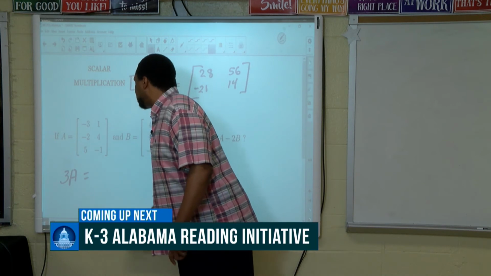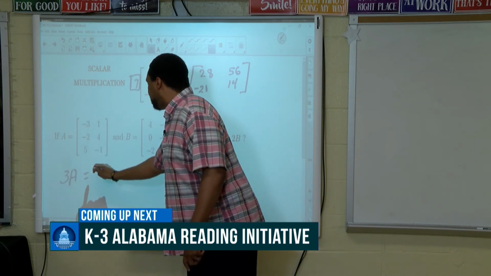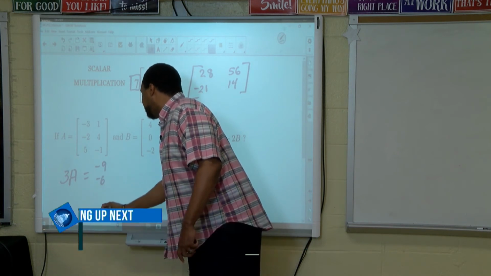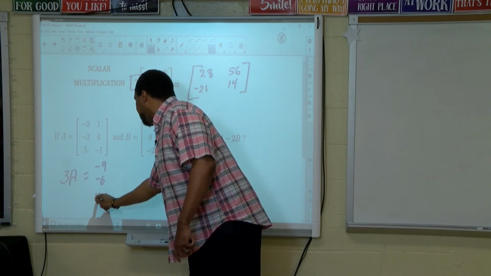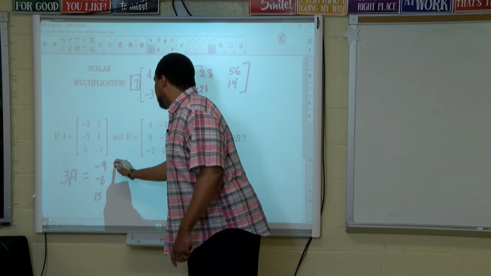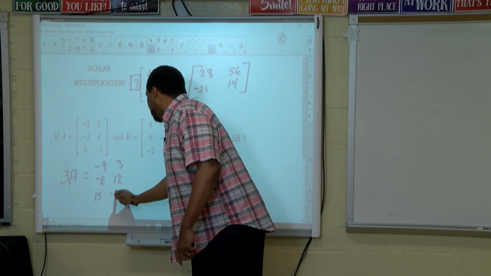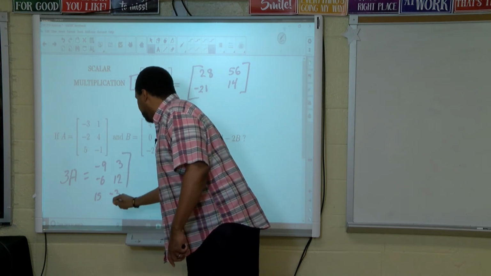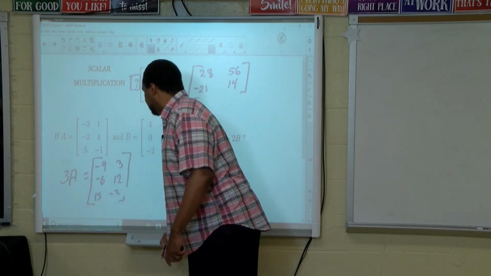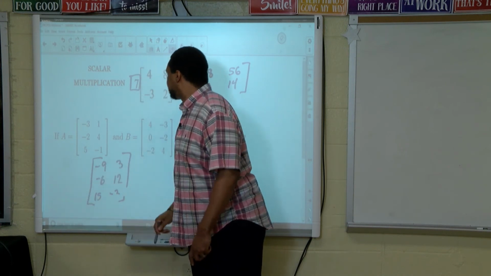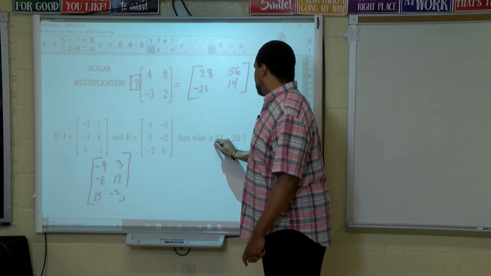So 3A equals, multiplying all of these by 3: -9, -6, 15, 3, 12, -3. So that's 3A.